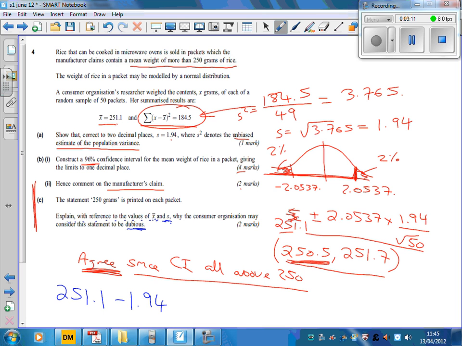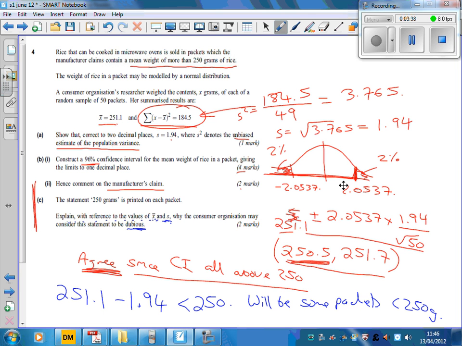Of course, if we go 1.94 standard deviations down from the mean, that value is actually going to be lower than 250. That's just 1 standard deviation down. You could even go 2 down. And so there will be some packets less than 250 grams. That's why they're saying it's dubious.